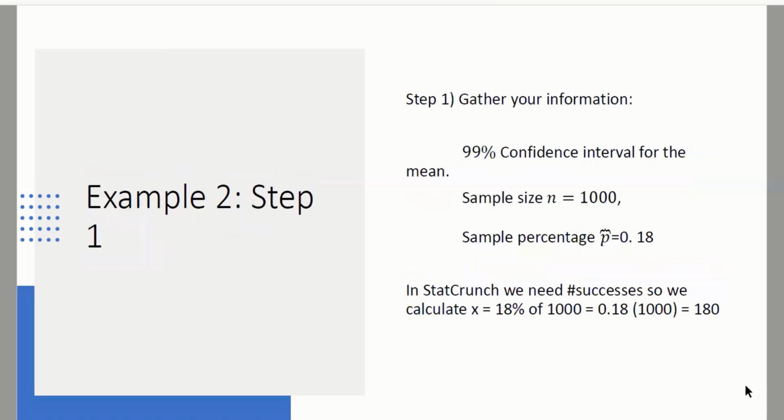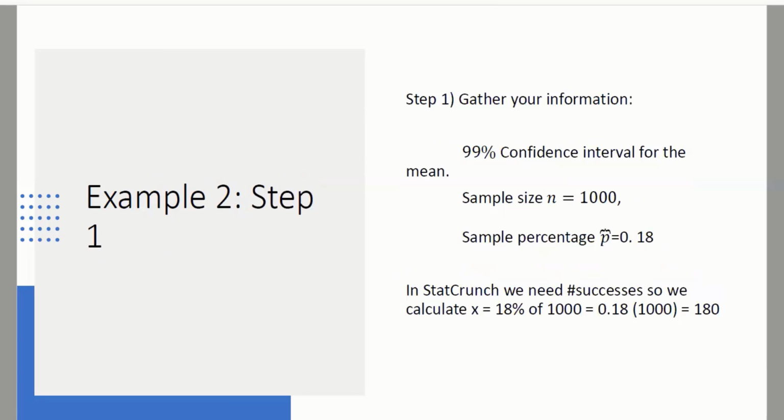So our information is, oh, that's not a hat, it's supposed to be a p hat. 99% confidence interval for the mean, sample size 1,000, and sample percentage p hat is 0.18. In StatCrunch, we know we're going to need to write the number of successes, so let's figure that out first.